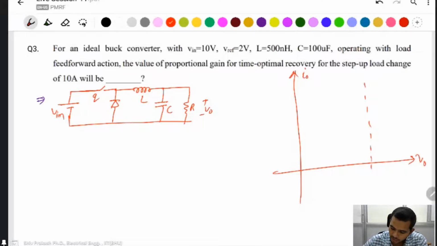I will take I naught for the buck converter. Average inductor current is equal to average output current. We take this point as the first point I naught 1, and this one the second point, if you increase I naught by something, delta I naught.